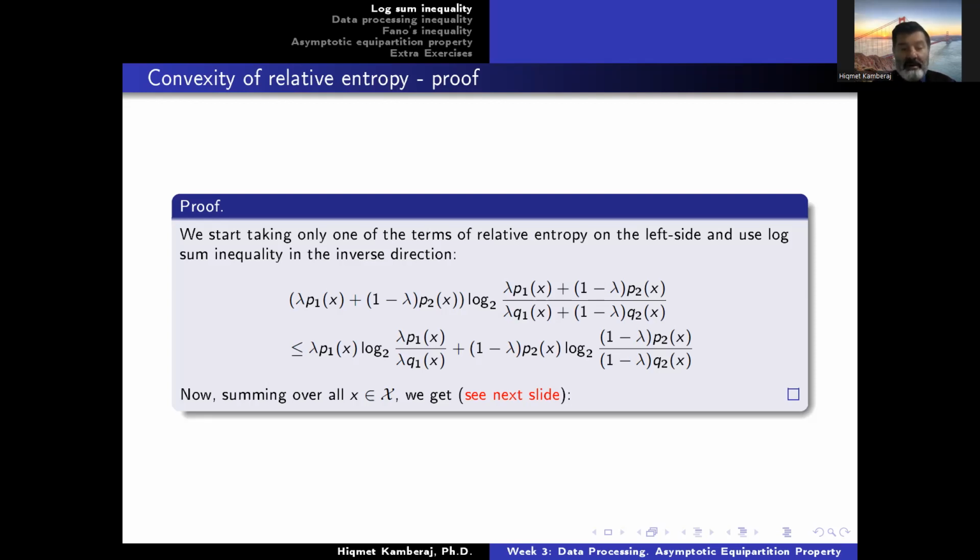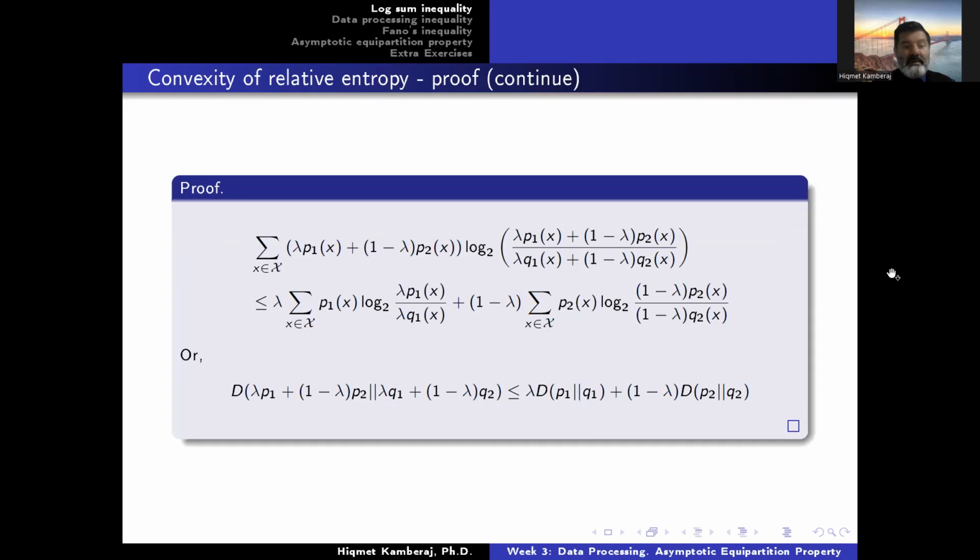Now, if we sum over all x from chi, we get the following. The sum over x from chi of lambda p1 of x plus 1 minus lambda p2 of x, times log with base 2 of this ratio, lambda p1 of x plus 1 minus lambda p2 of x over lambda q1 of x plus 1 minus lambda q2 of x. Now, this is less than or equal to lambda times the sum over all x from chi of p1 of x log with base 2 of lambda p1 of x over lambda q1 of x, plus 1 minus lambda times the sum over all x from chi of p2 of x log with base 2 of 1 minus lambda p2 of x over 1 minus lambda q2 of x.